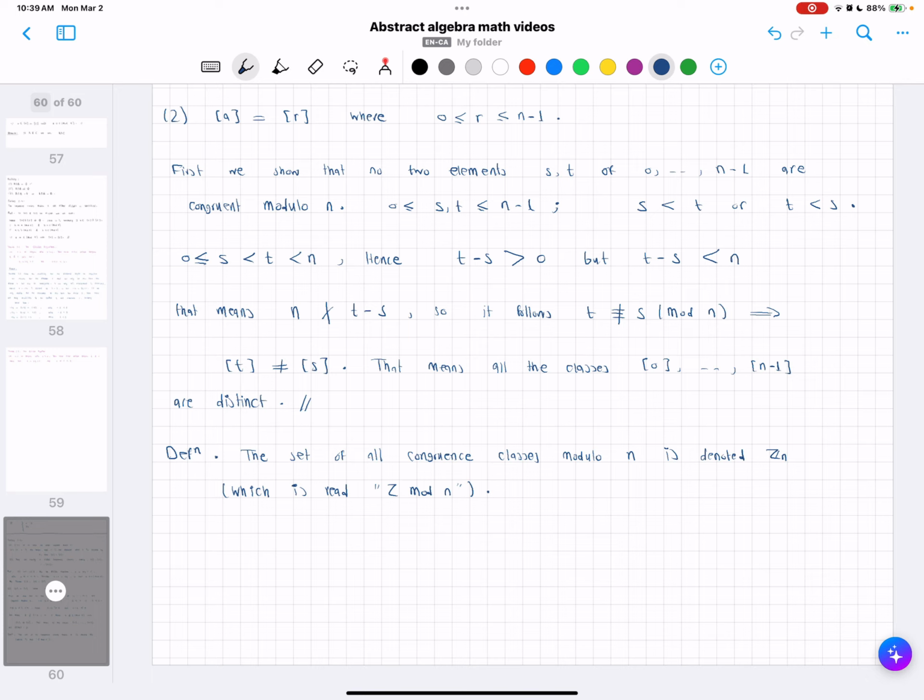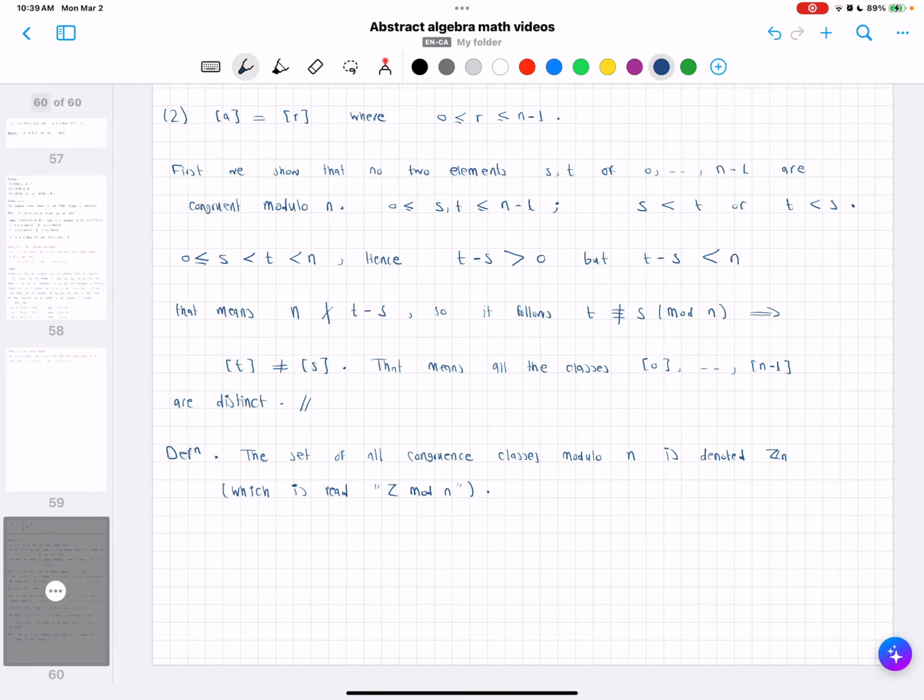What is interesting about Zn is that we can represent its elements in different ways. The elements of Zn are themselves sets, and the name structure of those sets can be represented in different ways.